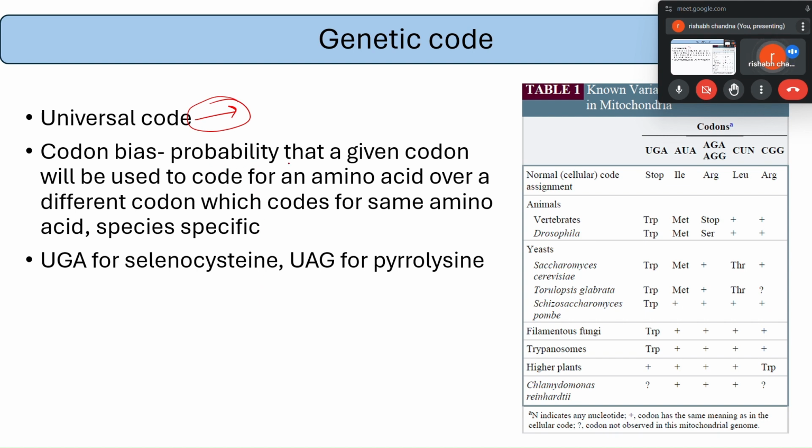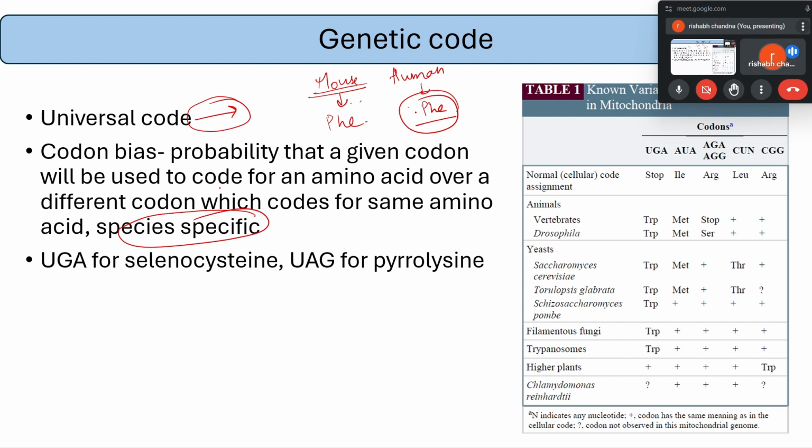Codon bias refers to the probability that a given codon will be used to code for an amino acid over a different codon which codes for the same amino acid. So this is species specific. For example, in mouse or human, a particular codon may be considered for coding phenylalanine, but in another species that particular codon is not preferred for the production of phenylalanine as compared to the other codon.